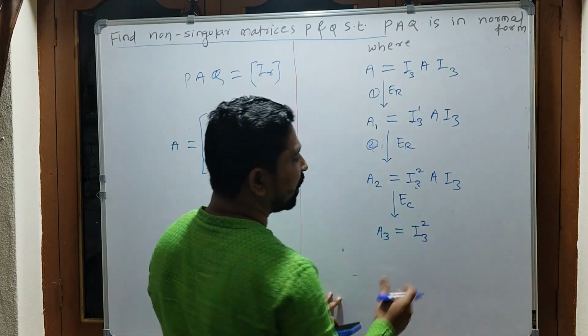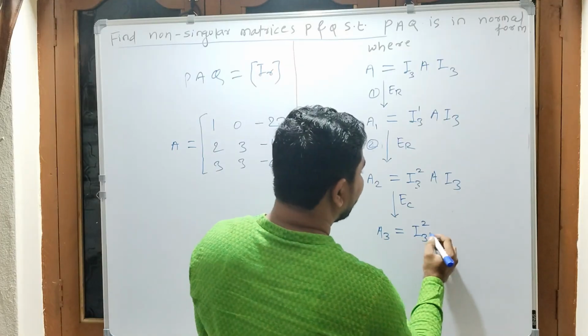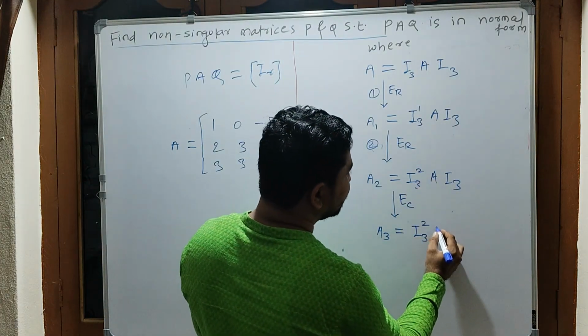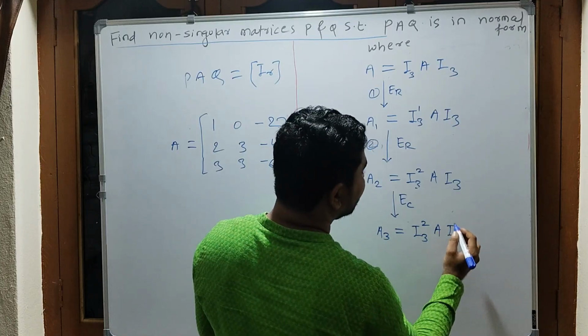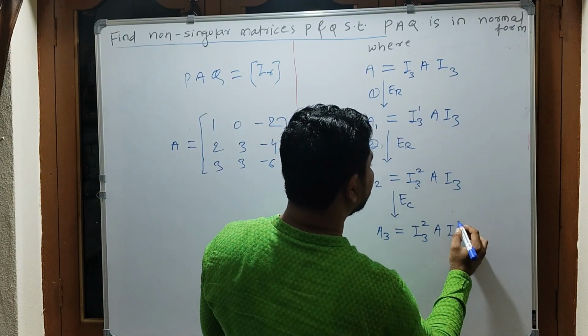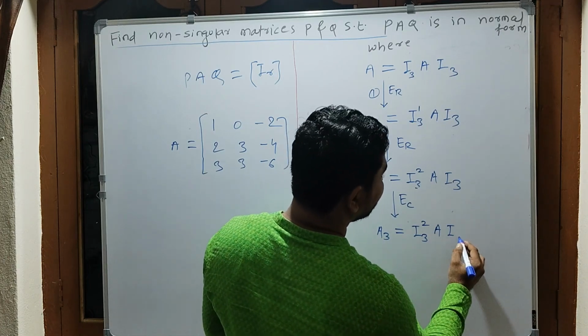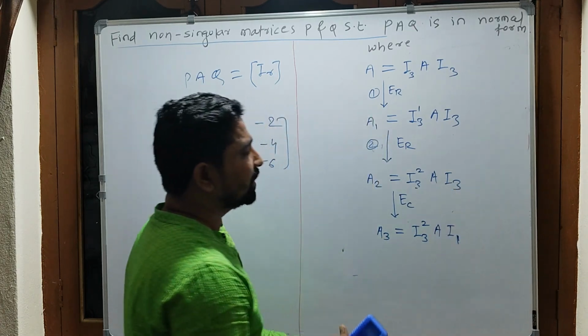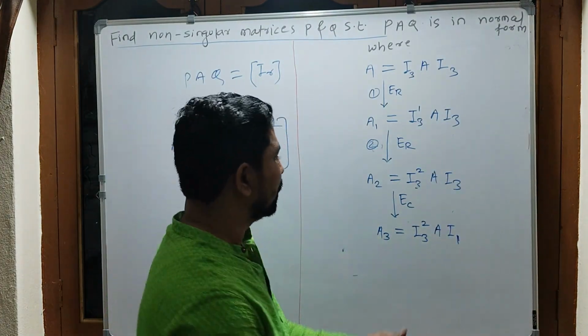Now whatever change happens is in this identity matrix. So here A2 as it is, and this is A and this is I3. Let's say here I am writing this as I1.